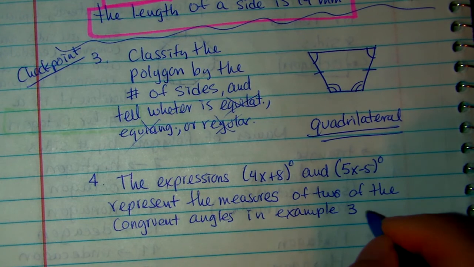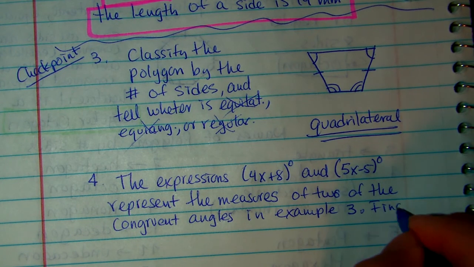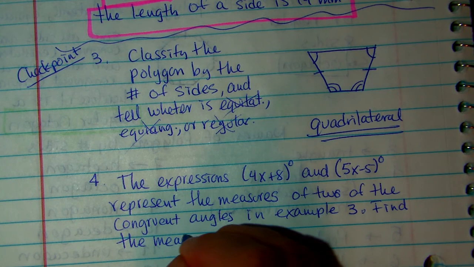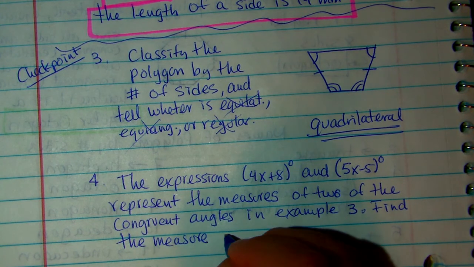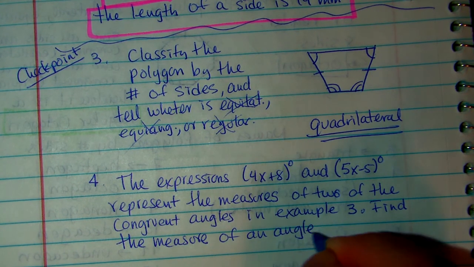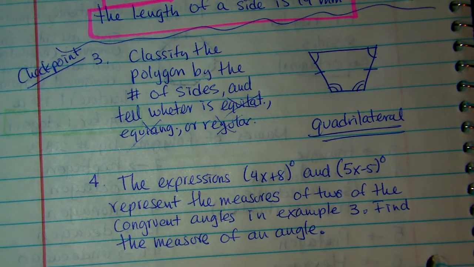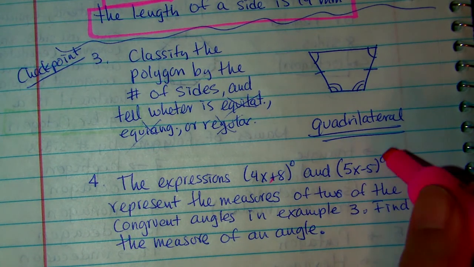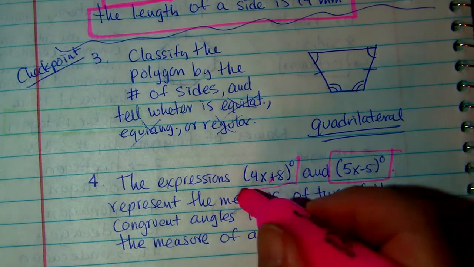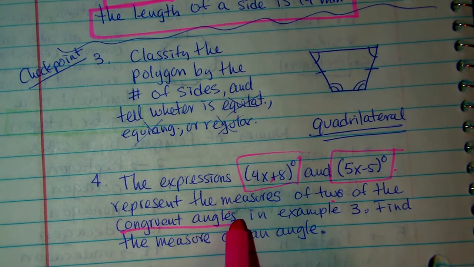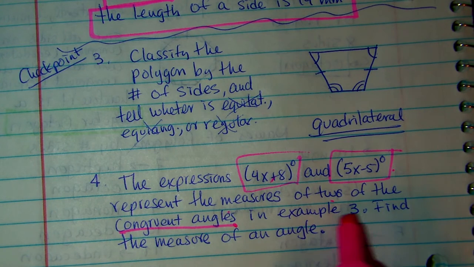Okay, find the measure of an angle. So this one is relating these two expressions to the measures of two of the congruent angles in example number 3.